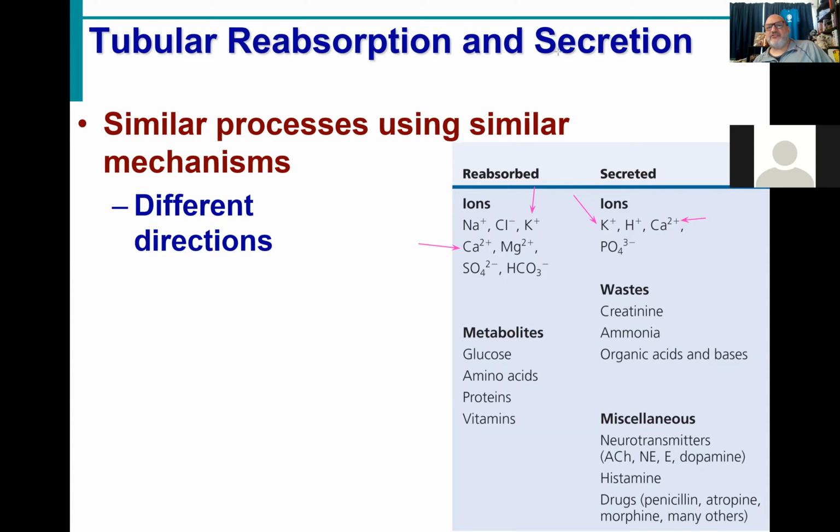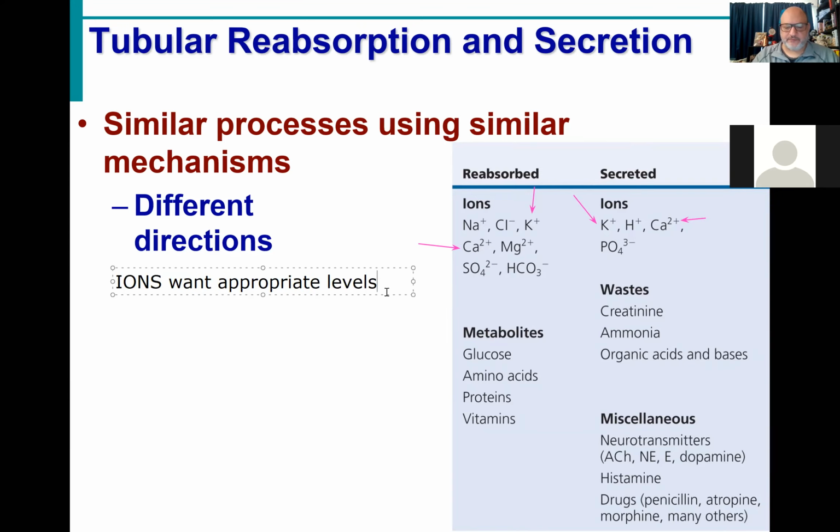That's because especially when we're talking about ions, the key to our ions is we want appropriate levels. As we know, potassium is something that typically there are low levels in the interstitial fluid. So while we don't want to get rid of all of it, we need to make sure that its level is low.